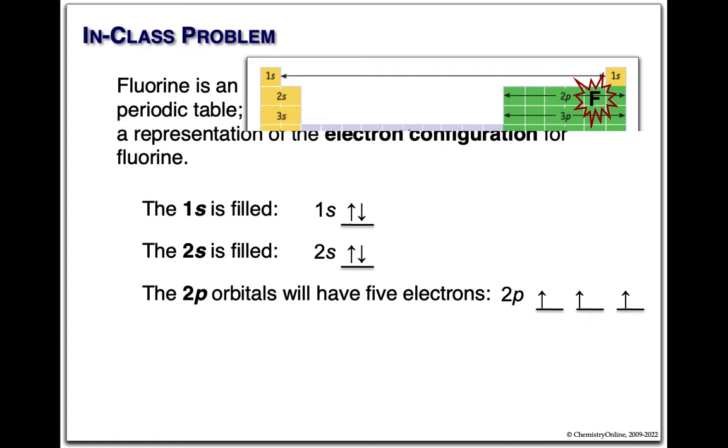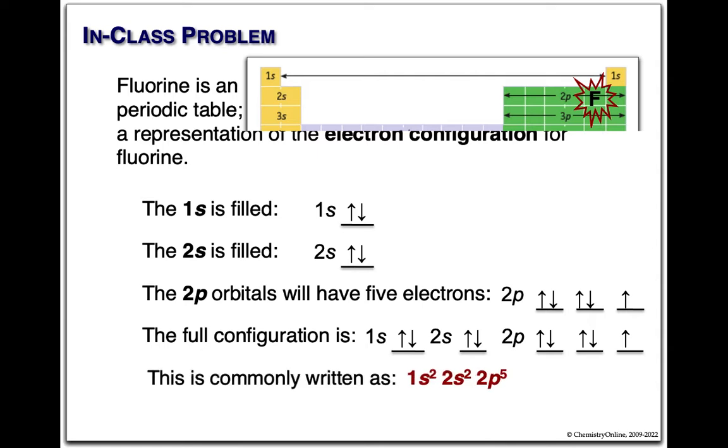Now we have a total of 5 electrons here, so we put it in down and down. The complete configuration looks like this if you use little arrows. And if you write the abbreviated, this is what you would do. On exams, we will do this. Okay? But make sure you understand this for the tutorial.